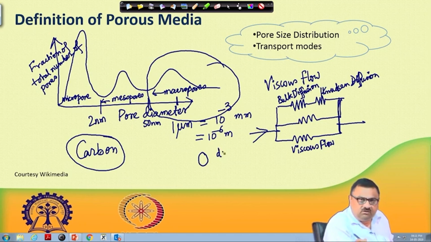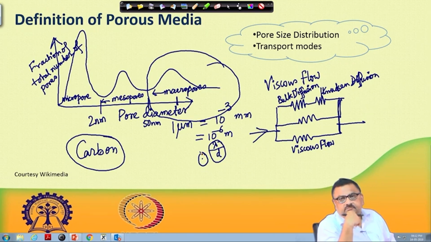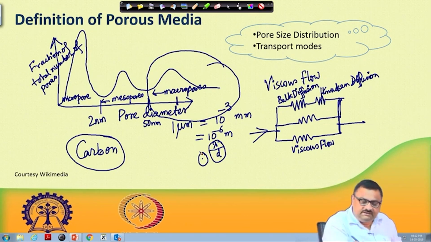So, it depends on what is the value of lambda by d. When this lambda by d they are close, then you will see that the collision of molecules with the wall governs the flow, influences the flow.